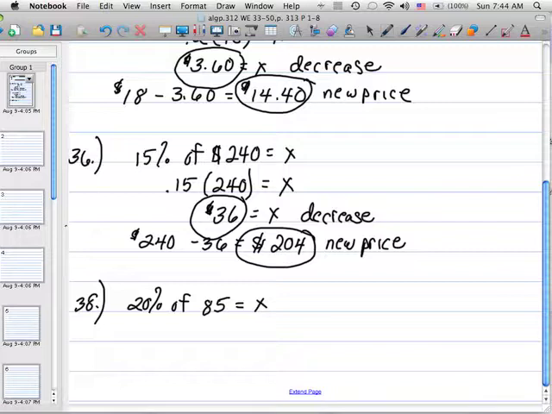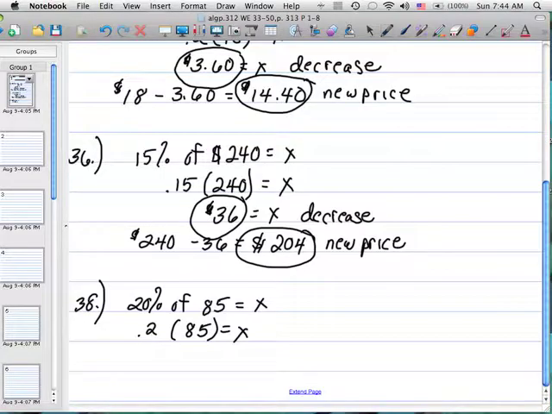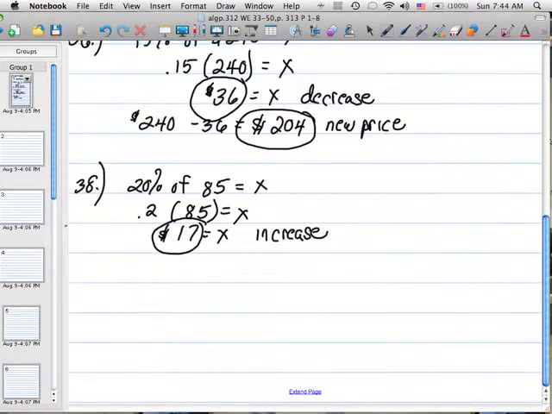So we take 0.2 and multiply it by 85, and using the calculator, we get $17 is our increase. We have a markup, so that would be an increase. So to find the new price, we take the $85 and this time add the 17, and our new price is $102.